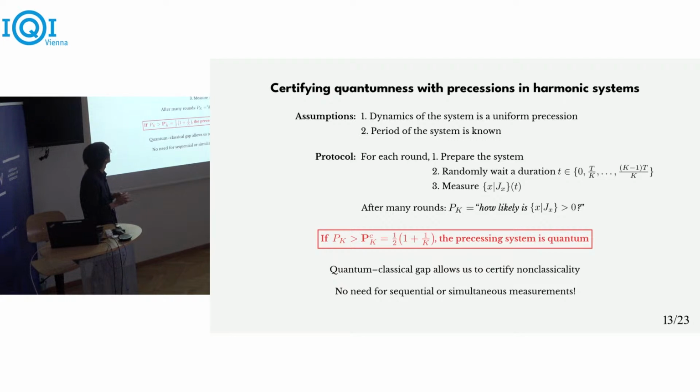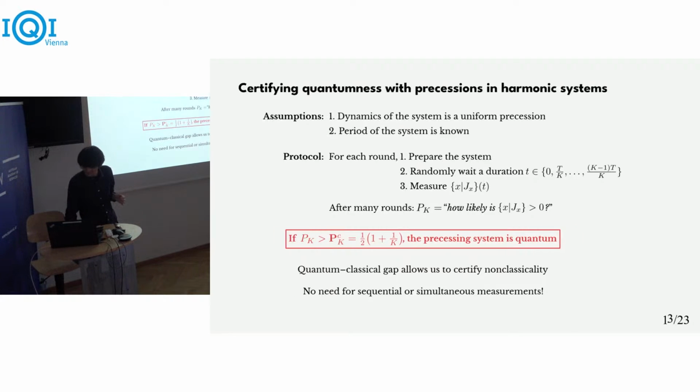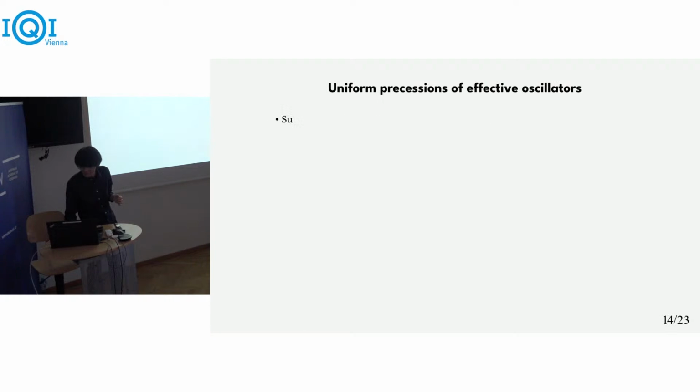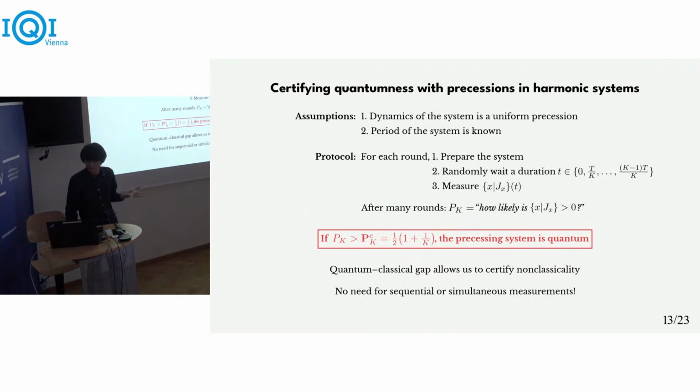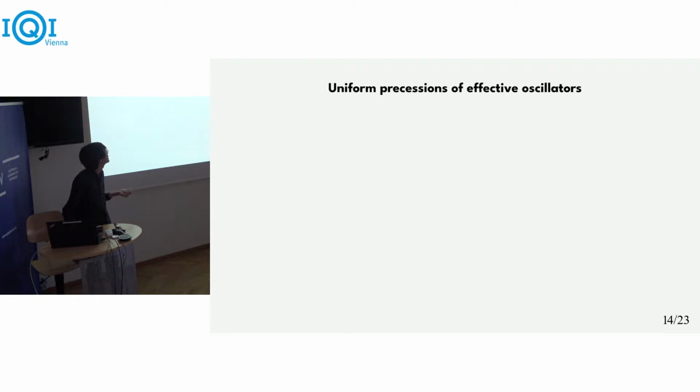Okay. So this is actually a good place to move on to the next topic. And just as a bridge, in the protocol we discussed, we are looking at some kind of precession. We started with harmonic oscillators precessing x and p, and then we realized that we could do it with jx and jy. But it doesn't necessarily have to be a jx and jy of a single system.